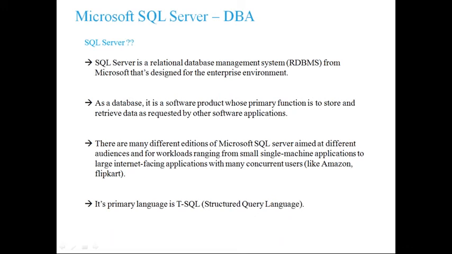If you have a small scale industry, you can opt for a different edition which will cost you less. Or if your organization is very huge and you want to use all the benefits and features of the versions, then you can go for the Enterprise edition, which will give you more features and enhancements.